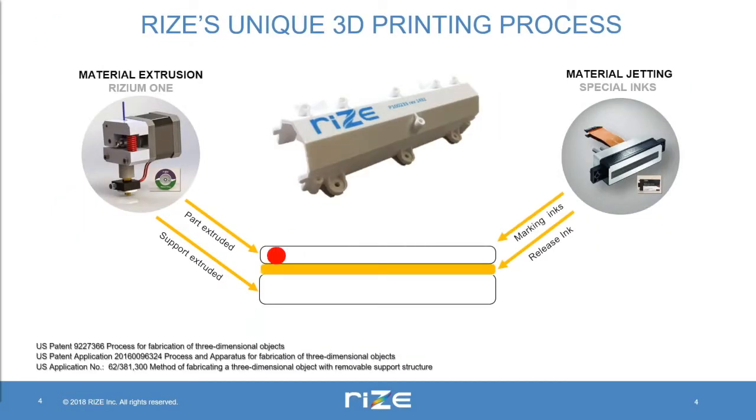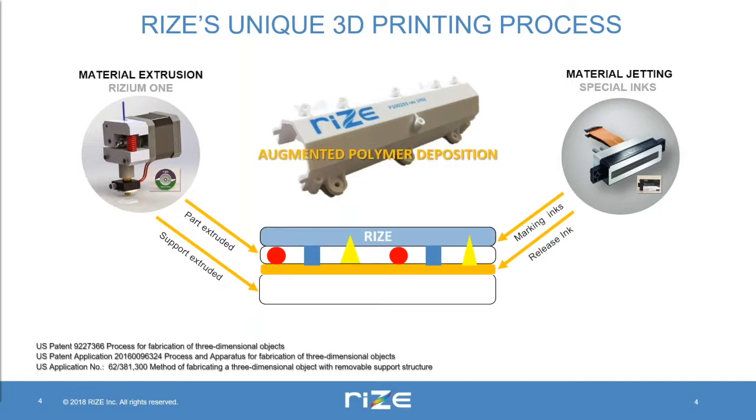All right, so here is a quick overview of RIZE's unique 3D printing process and how we're able to use this technology to perform full color 3D printing. So RIZE combines two basic technologies that are used in printing.